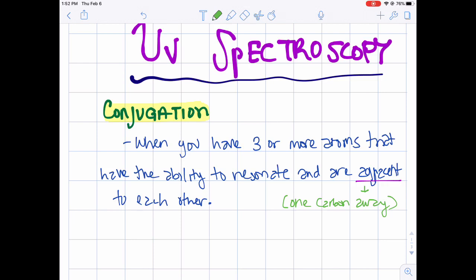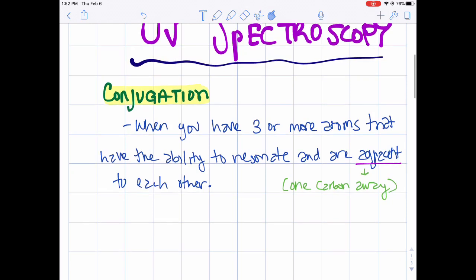Resonance is when you have a compound that is able to distribute its electrons or its charge throughout the structure, because you have a pi bond, a lone pair, a radical, or a cation that will be stabilized by being delocalized or distributed.